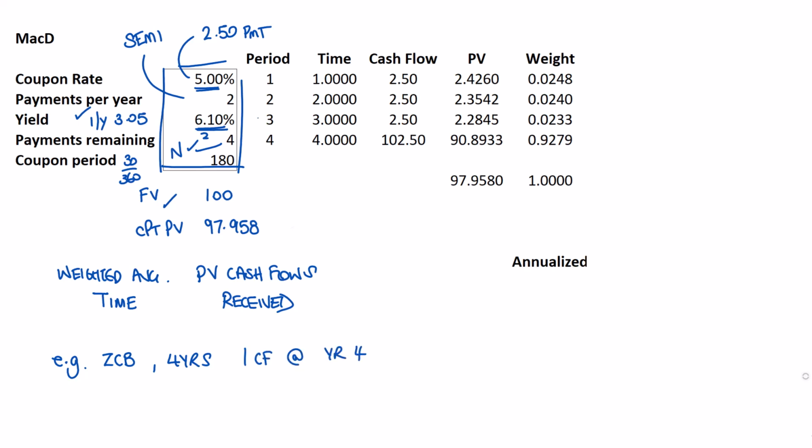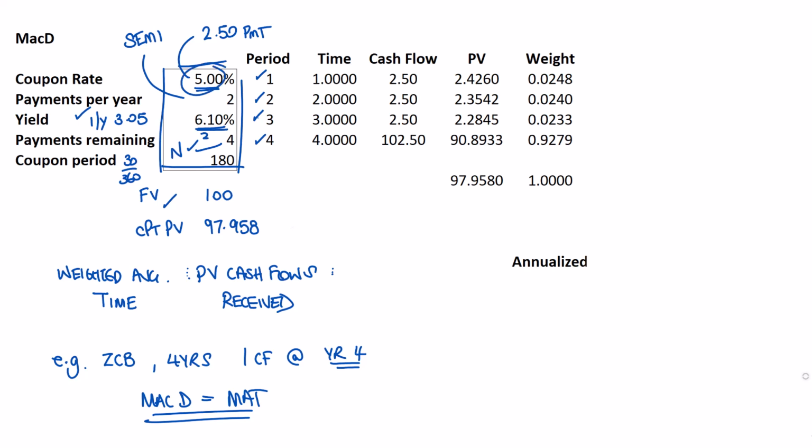That's it. So the Macaulay duration for a 0 coupon bond is quite simply equal to its maturity, because every single piece of the PV of cash flows is received in one go at maturity.